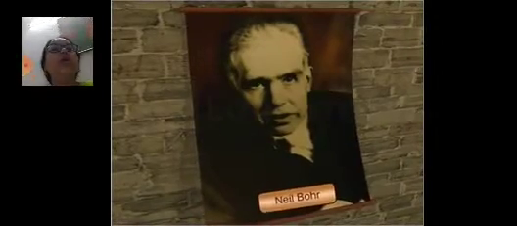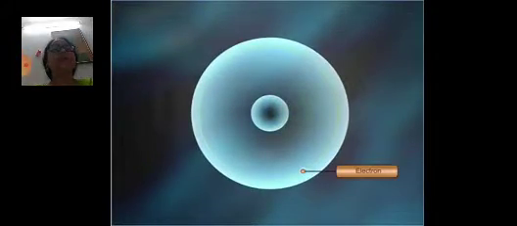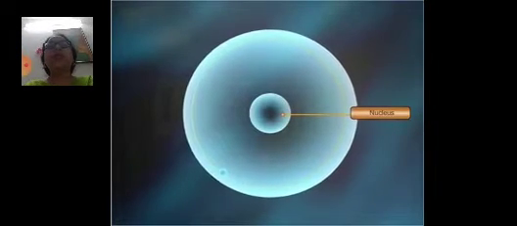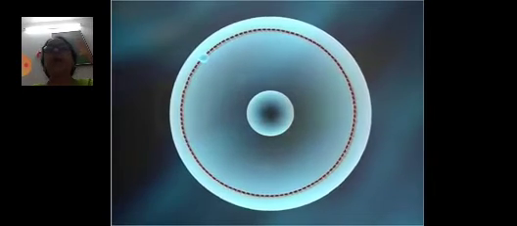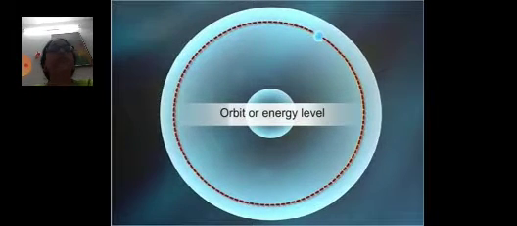Niels Bohr, a Danish physicist, was the first to explain quantitatively the general features of the structure of hydrogen atom and its spectrum. In his postulates, the electron in hydrogen atom can move around the nucleus in a circular path of a fixed radius and energy, and these paths are called orbits.